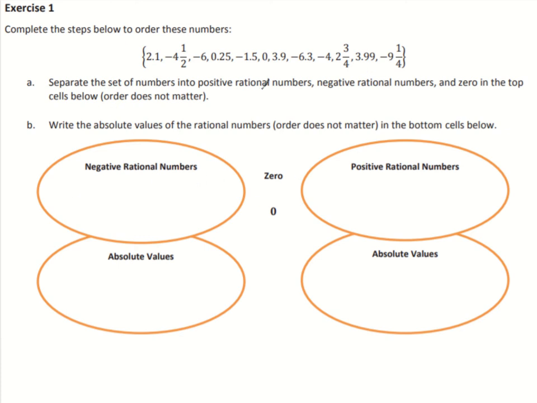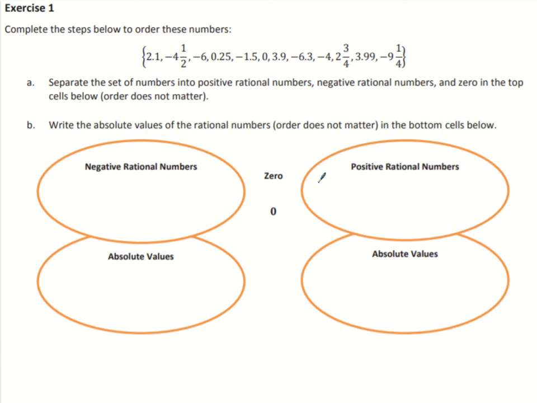Our order right now does not matter. So we're going to put all of our negative rational numbers in here and all of our positive rational numbers in here, and they've already put 0 out here in the center on its own. So let's go number by number. Our first one is 2.1. And, well, that's obvious.